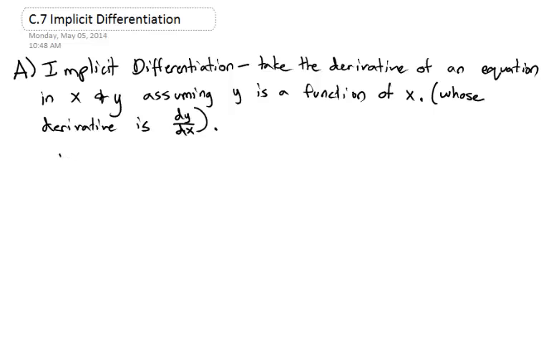So, for example, if I just wanted to take the derivative of y, the derivative of y is 1, because the derivative of a variable is 1, but remember we have to use the chain rule and multiply by the derivative of the guts.